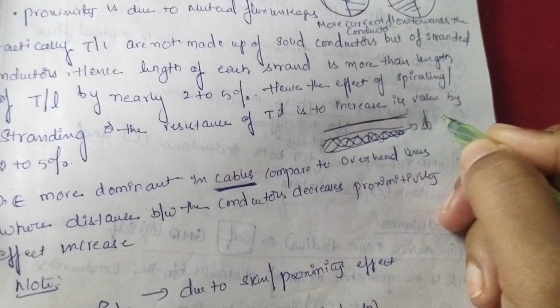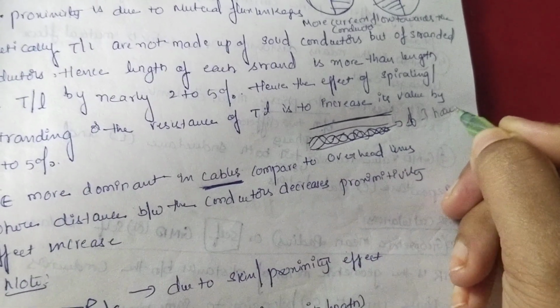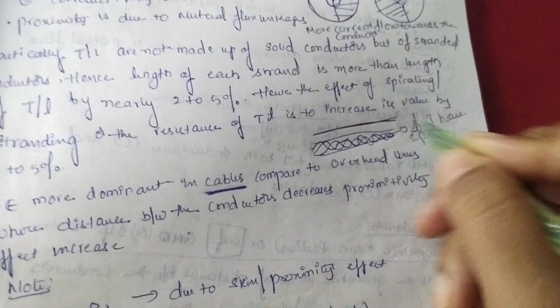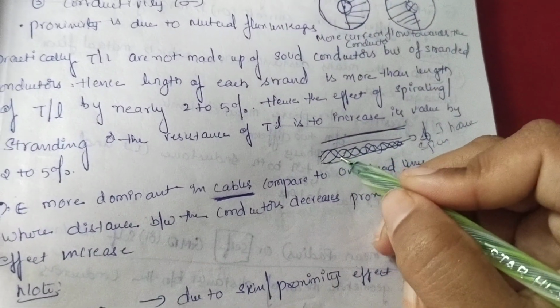If I have spiraled multiple conductors, I am bending the wire.